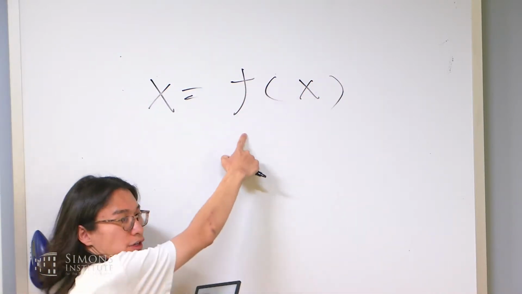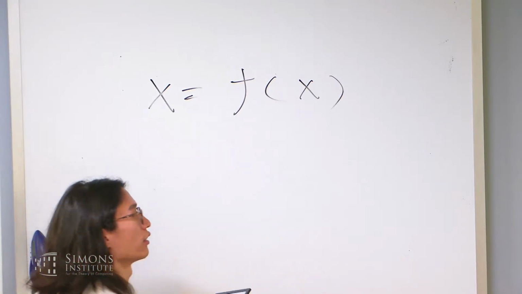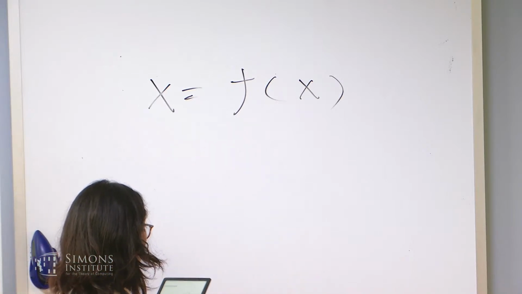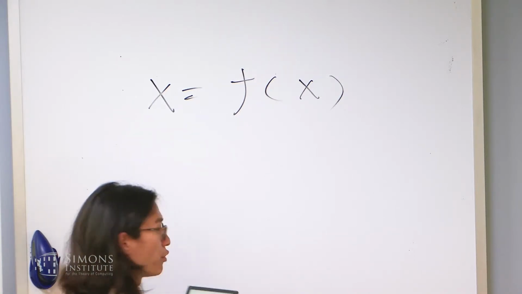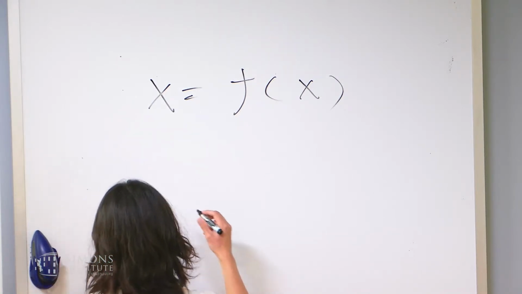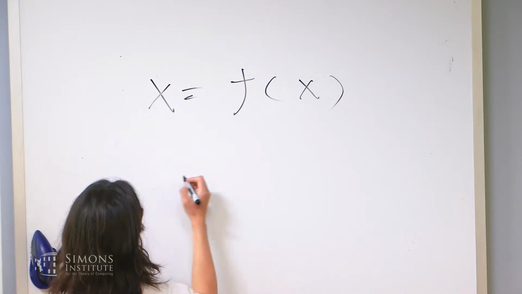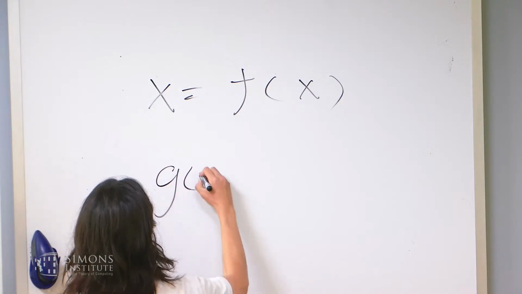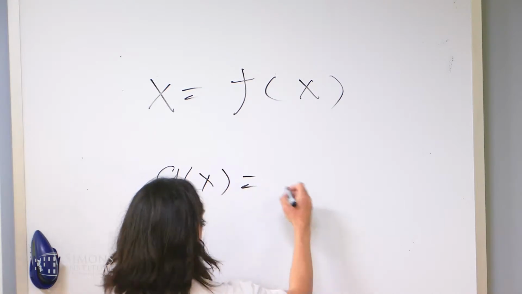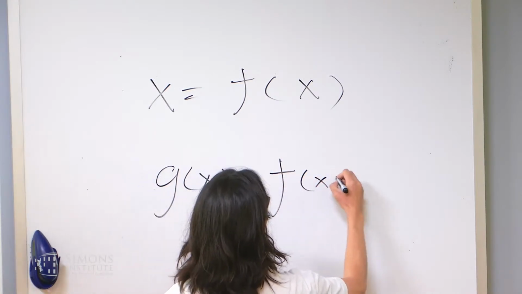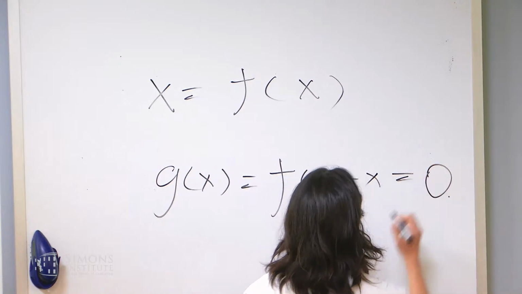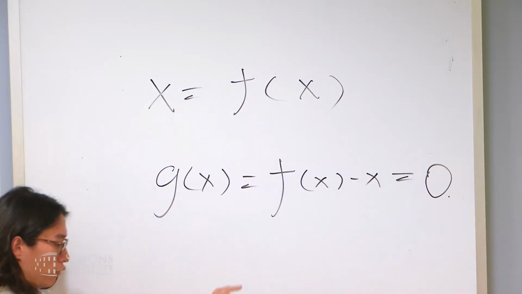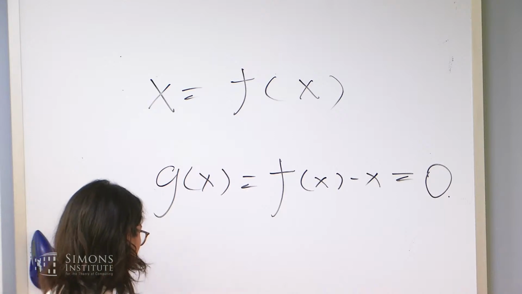Here again, f is a vector function from the semiring to the n to the semiring to the n. If we rewrite this a little bit, we're really just finding the solution to another function g(x), defined to be f(x) minus x. So we're finding the zero of this function.